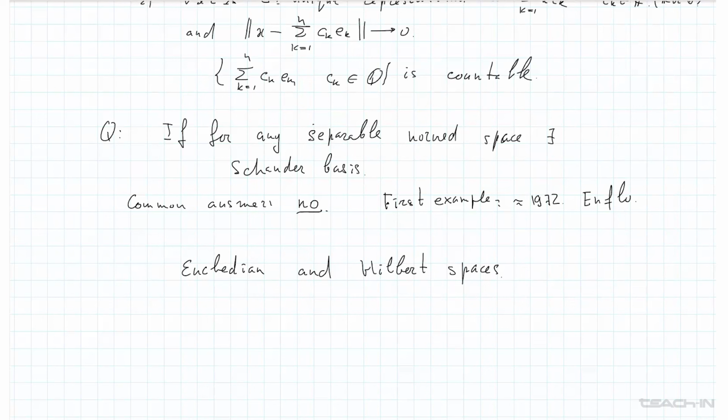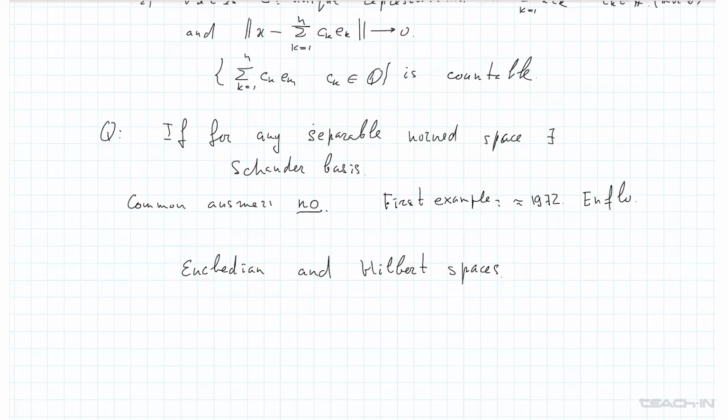Sorry, I have a question. Yes. Why is the space you constructed, with rational coefficients, dense? Finite sums, and the rational numbers are countable, and a countable union of countable sets is countable.